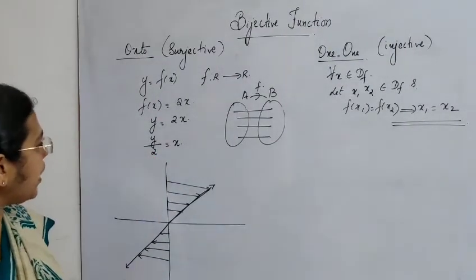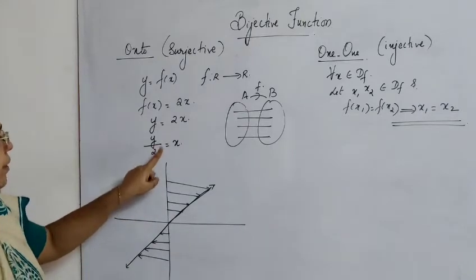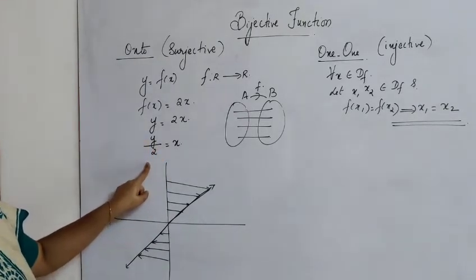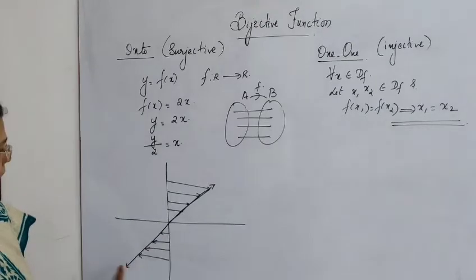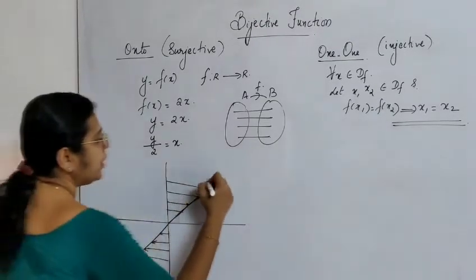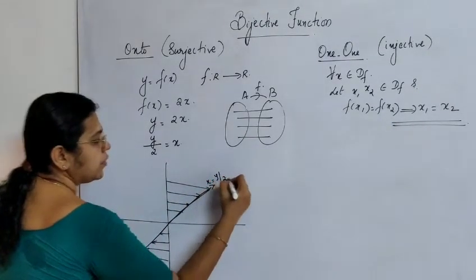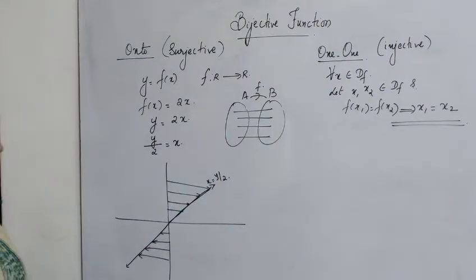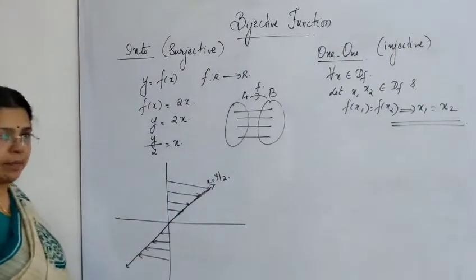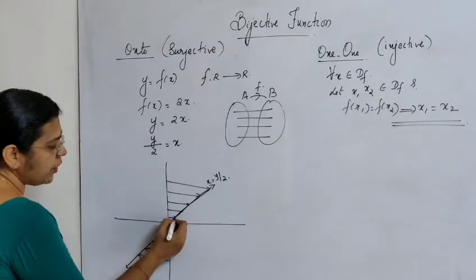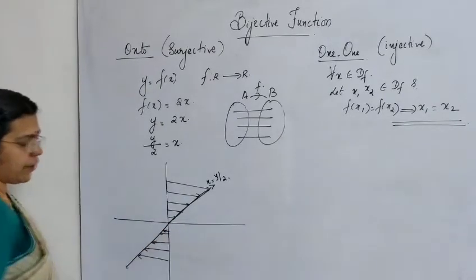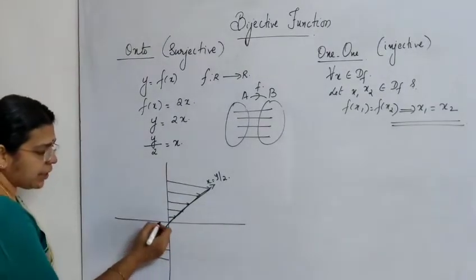Now, from this graph, you will understand this in fullest. x is equal to y by 2. This is the graph, this is the line. For every corresponding value of y, you can find an x value.